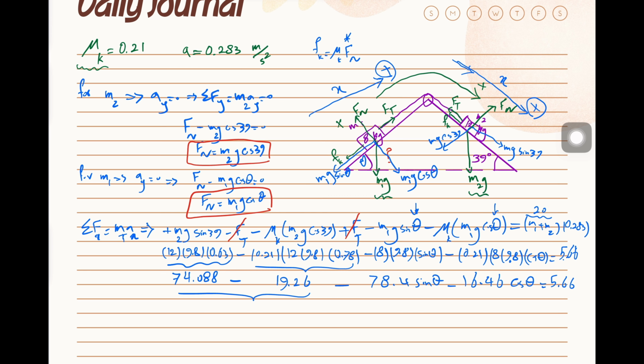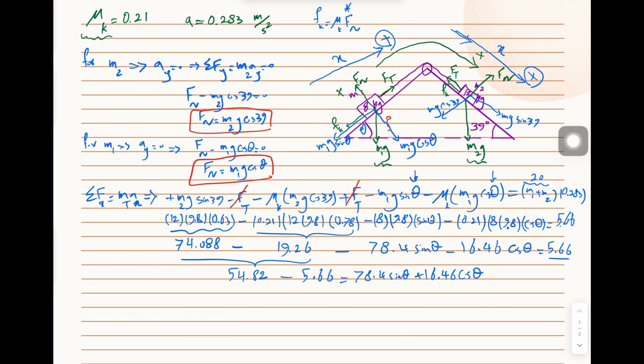These numbers is gonna be 54.82, and then also I can take this 5.66 to the other side, and it's gonna be minus 5.66. So then minus 5.66. So that is equal to 78.4 sine theta plus 16.46 cosine theta.